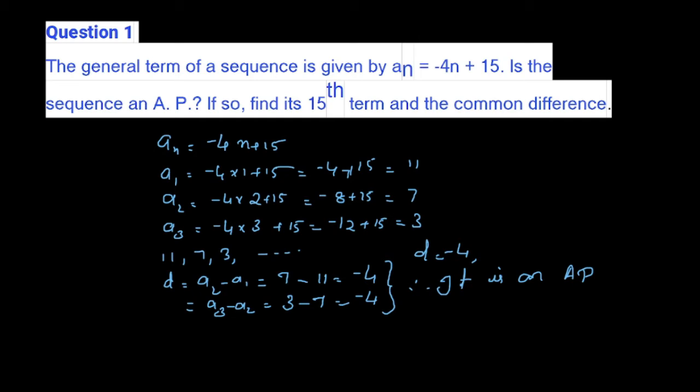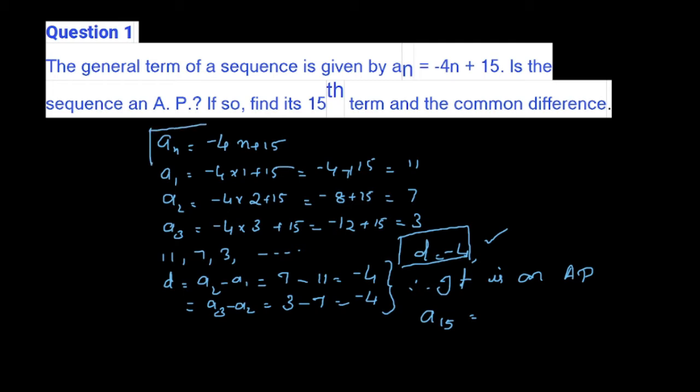Now the second question is, if so, find its 15th term and the common difference. Common difference we found out already, that is D is equal to minus 4, right? This is the common difference. Now you want to find out what is the 15th term, that is A15. The general term we are given here is minus 4n plus 15, right?